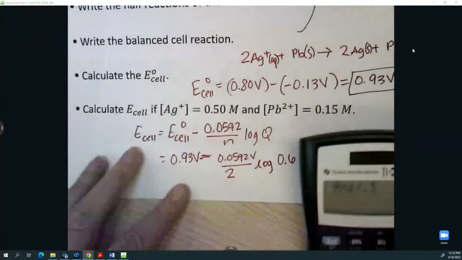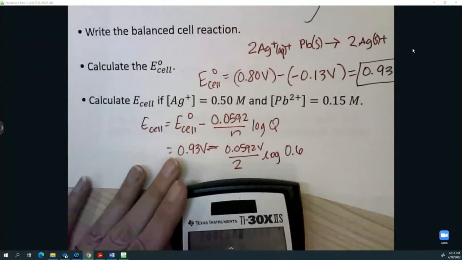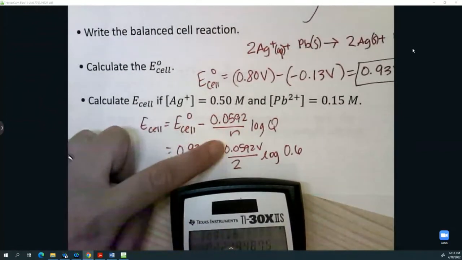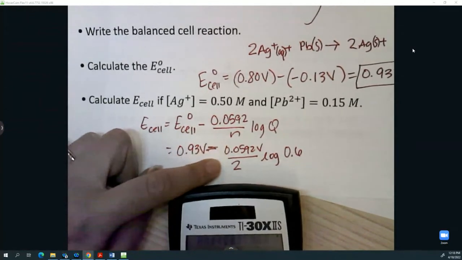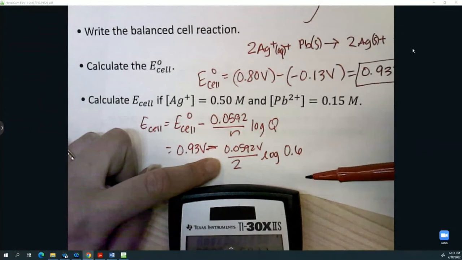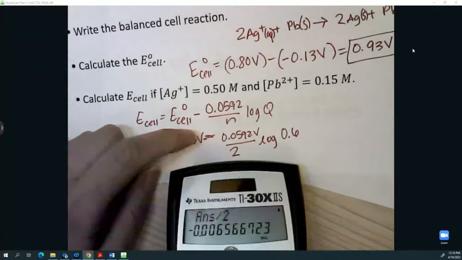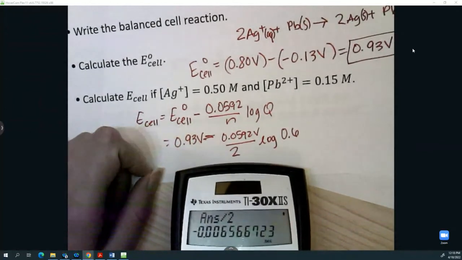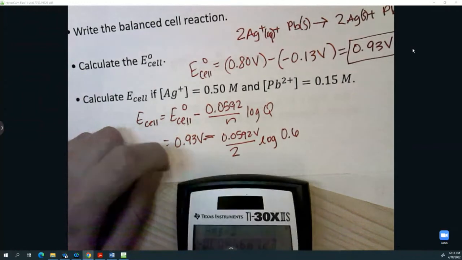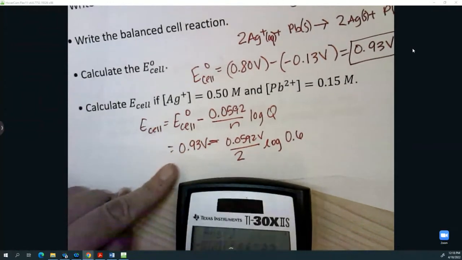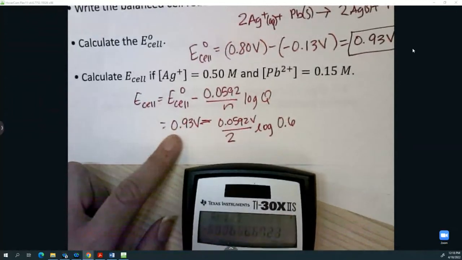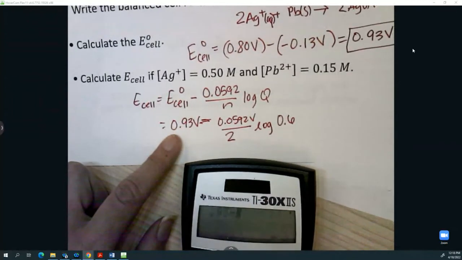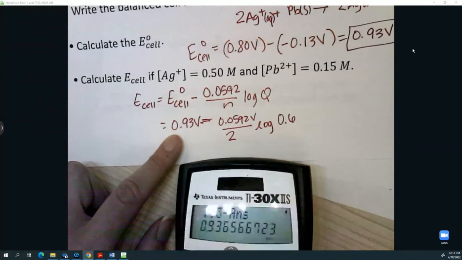And I'm just going to put this in pieces again. So log of 0.6 times 0.0592 divided by 2. This time I did get a negative number. Oh, it's super tiny too. It's not going to be very impressive compared to 0.93, but 0.93 minus that answer.